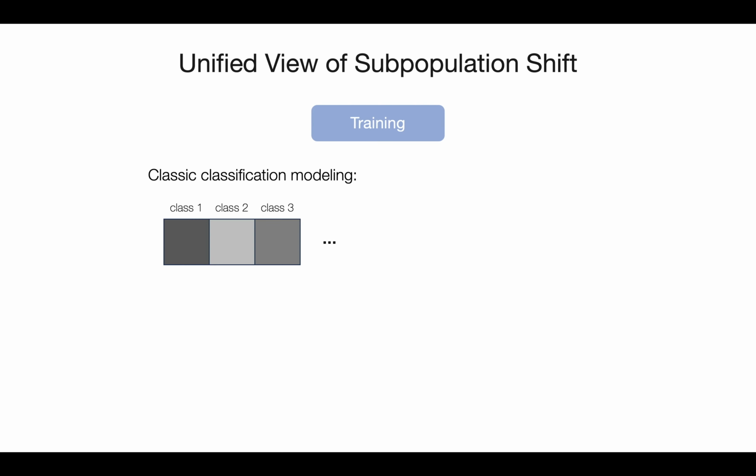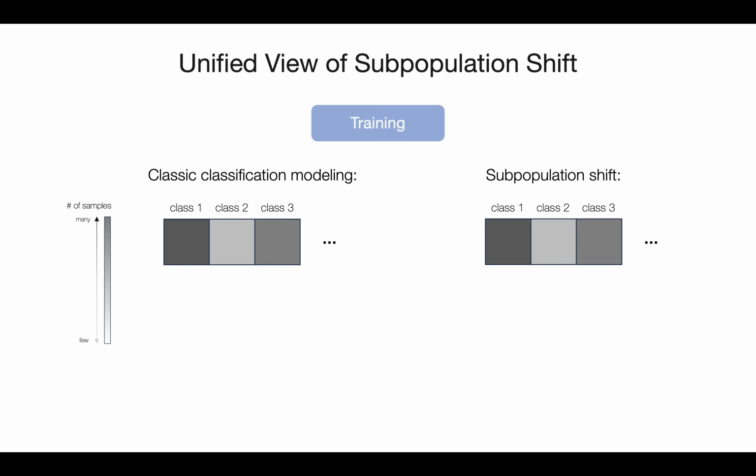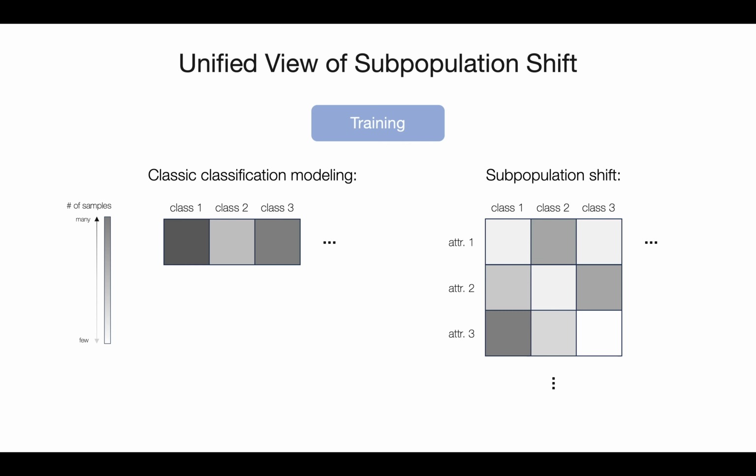We first provide a unified framework for subpopulation shift modeling. In classic classification setup, we have training data from multiple classes, where here we use different color densities to represent the number of samples in each class. However, when it comes to subpopulation shift, there exist attributes in addition to class, such as the background colors in the cow-camel problem.